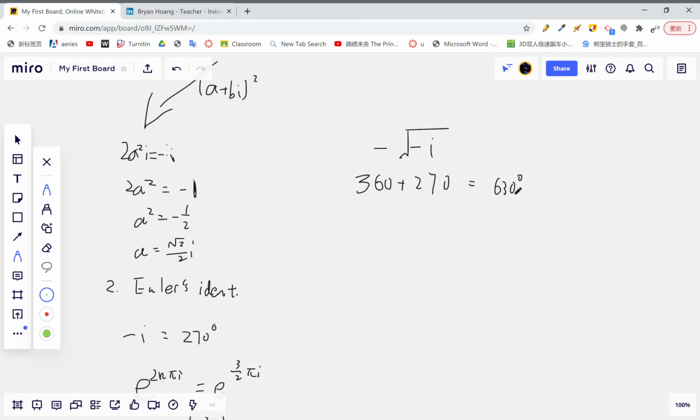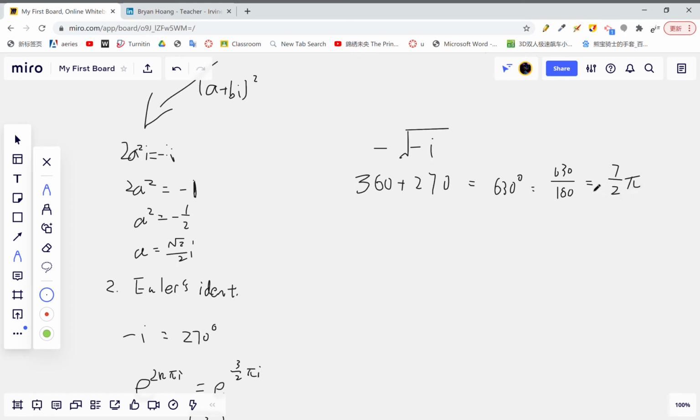We just divide 630 by 180, and we simplify it, you get 7 over 2 pi.